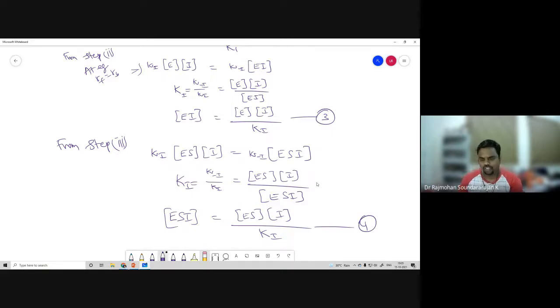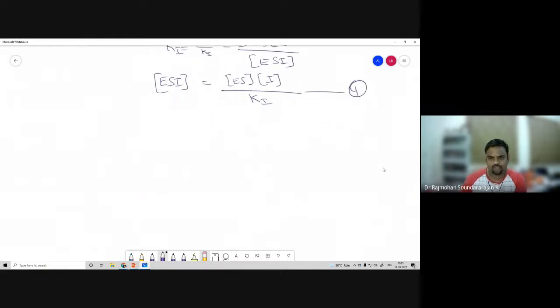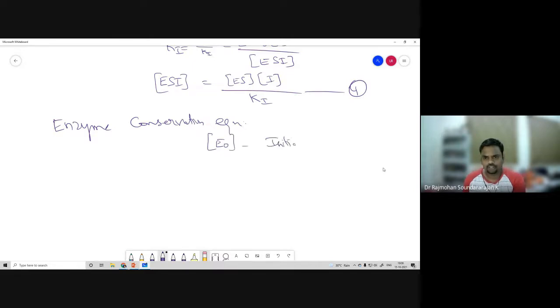Another one we need not write because this is also similar. We can replace that. So this is sufficient to write the material balance for enzymes. When you write the enzyme conservation equation, let E naught be the initial concentration of enzyme.